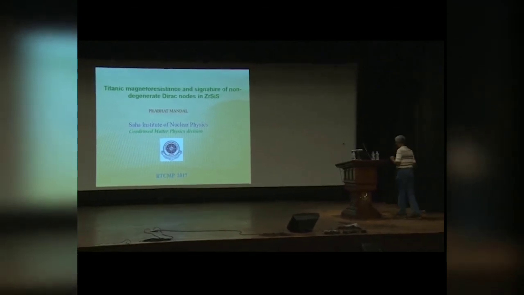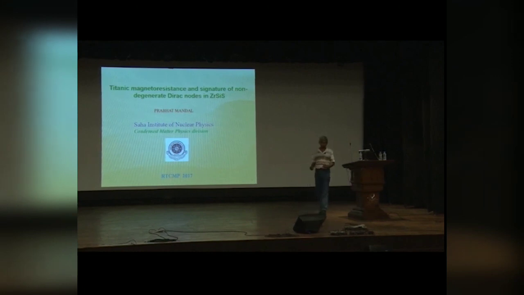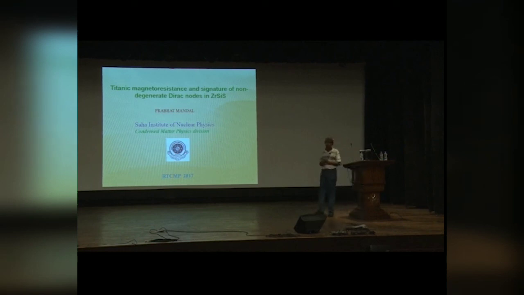But I think the result itself is important, and you can differentiate it from existing systems which so far we deal with. By the way, almost all the systems are very old, and they were studied during the 60s. Many of the physical properties which I am going to present are old, but the physics is new.